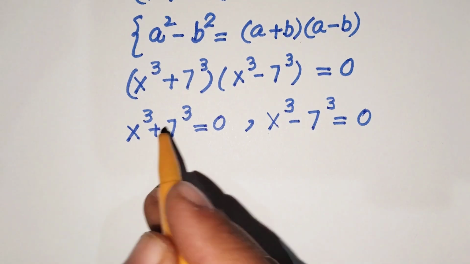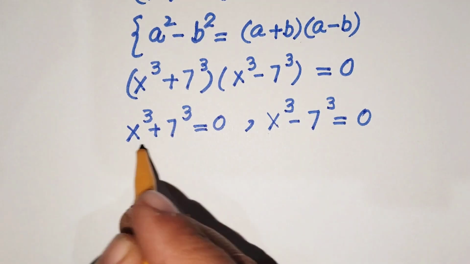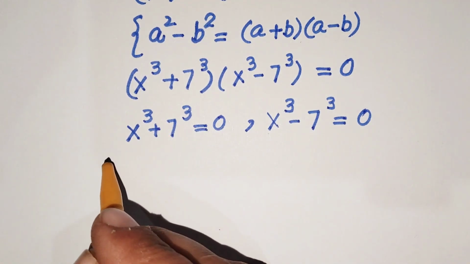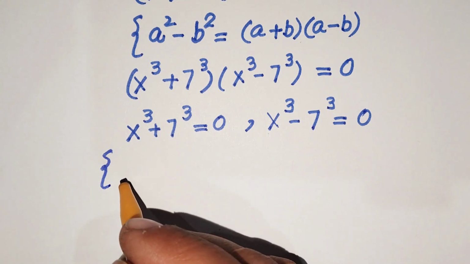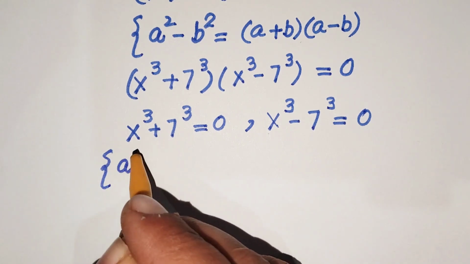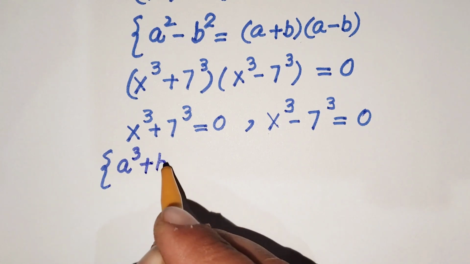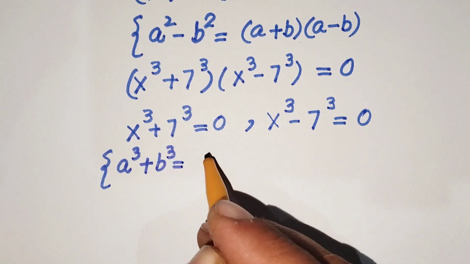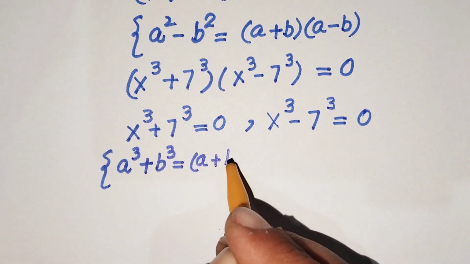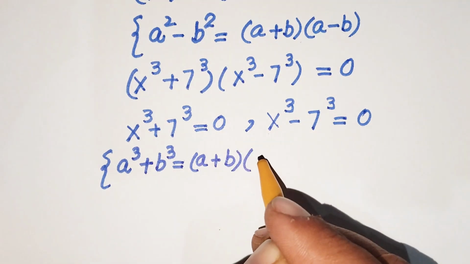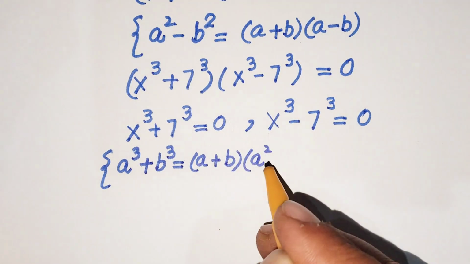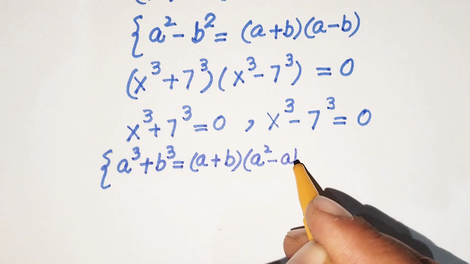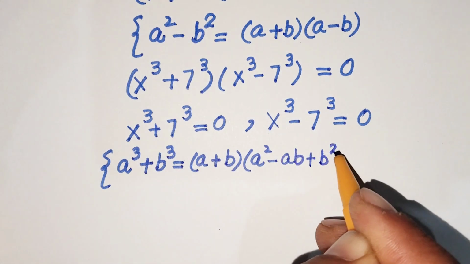Now x cube plus 7 cube is equal to 0. As we know from the algebraic formula, a cube plus b cube is equal to a plus b times a square minus ab plus b square.